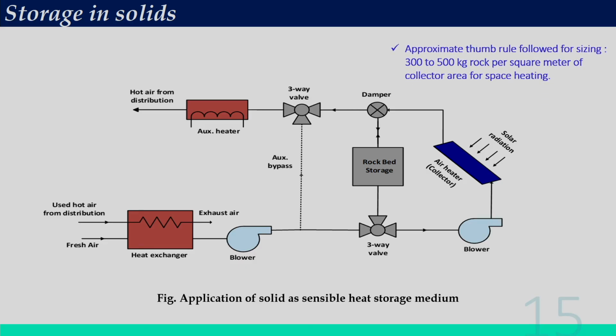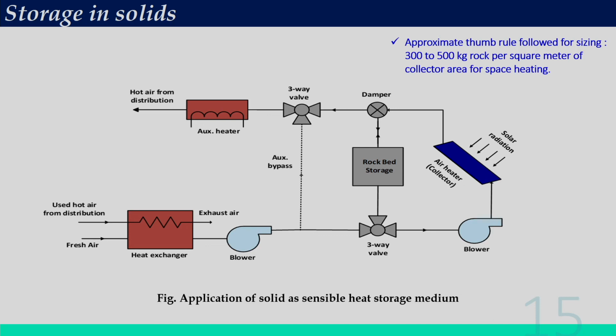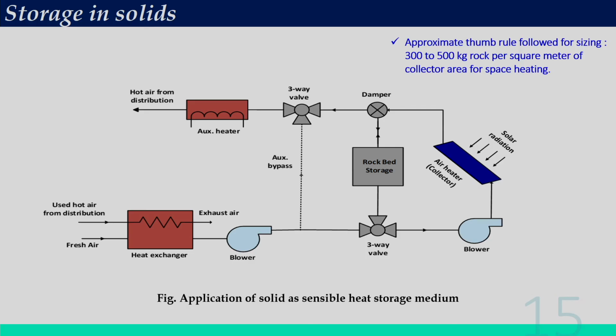As a thumb rule for sizing, about 300 to 500 kg of rock per square meter of collector area is required for space heating. So, we must know the quantities of rock required for this kind of heating application.